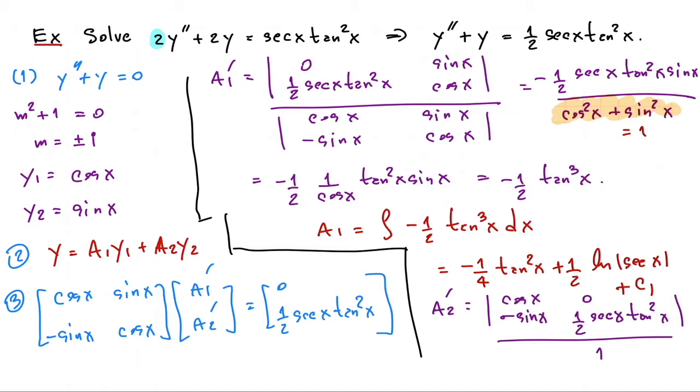So a2 prime is 1/2 cos x sec x tan squared x.